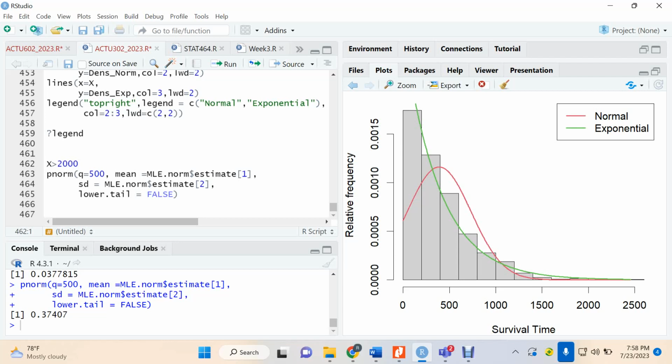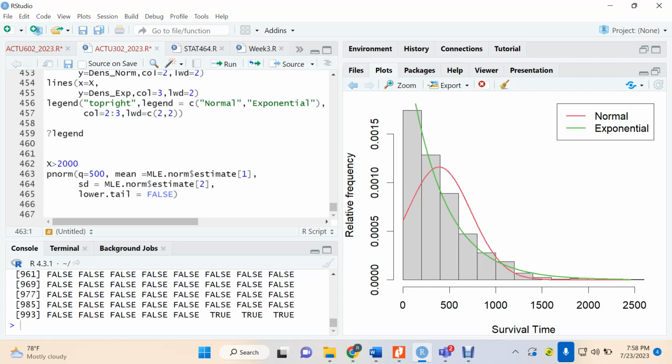What does this mean? It means I'll get true, false. You see only three observations are over that, right? So if I sum this, the trues will be only those, so I'll get 3.